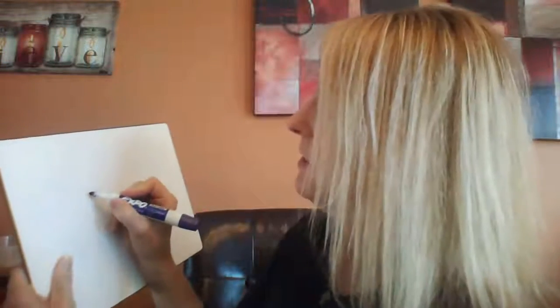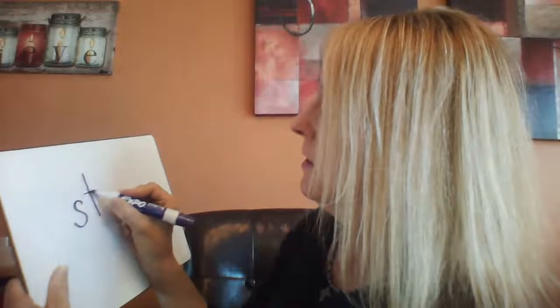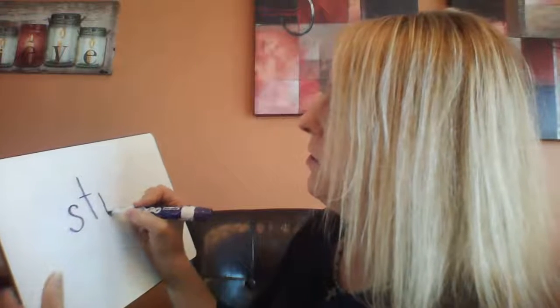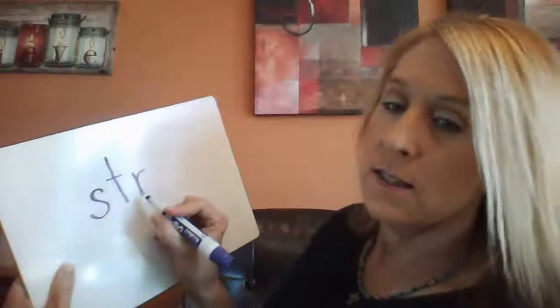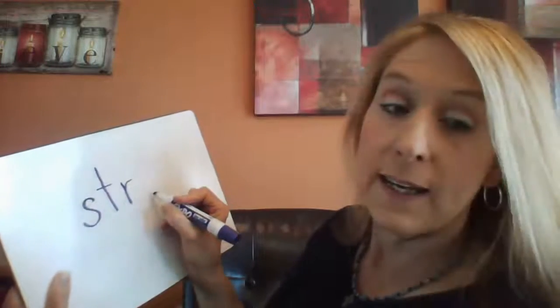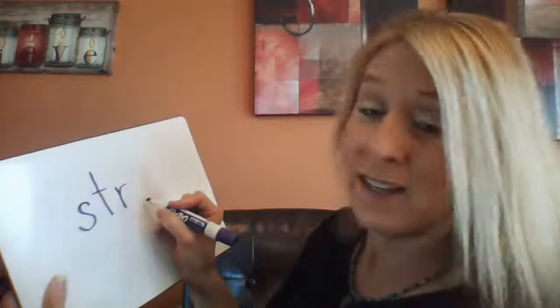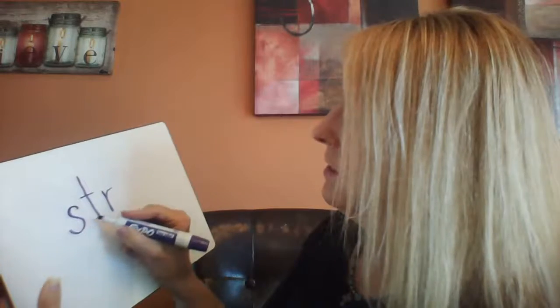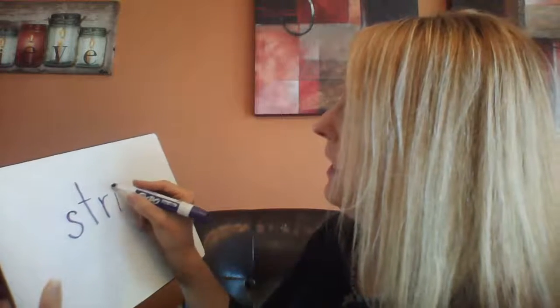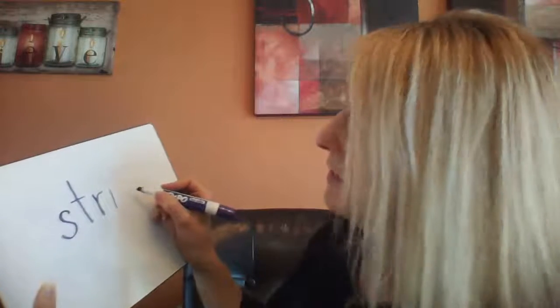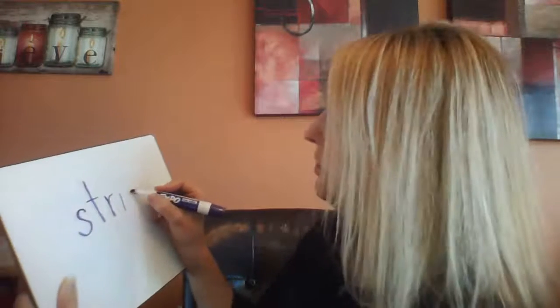Okay, let's do it together. See how you did. String. So what's going to be the first sound? St. Then the vowel, I, like igloo. St, ing. What is that digraph? NG.